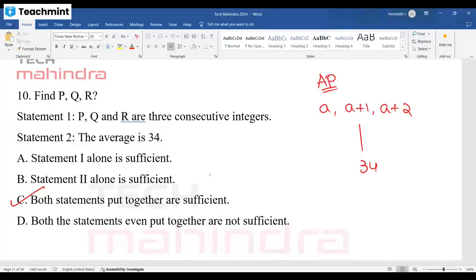So the middle is 34, then the others are 33 and 35. We have a lot of methods, but this is the simplest of all. Statement 2 alone, average 34, means I don't know each one. P, Q, R are three consecutive integers alone, I don't know the values. But put together, you can answer. Average when terms are in AP is the middle term.